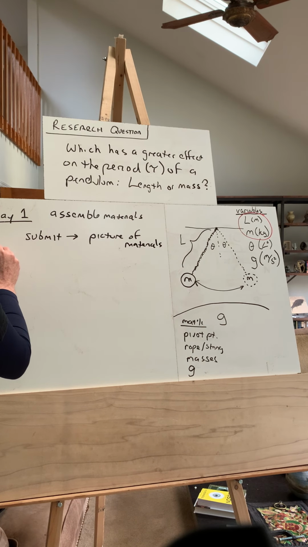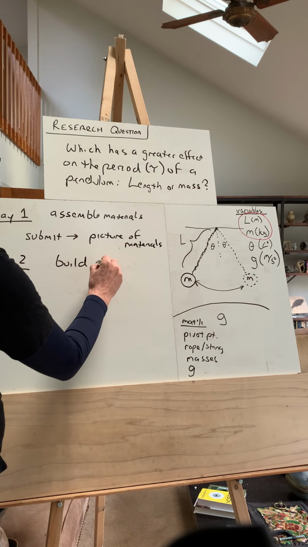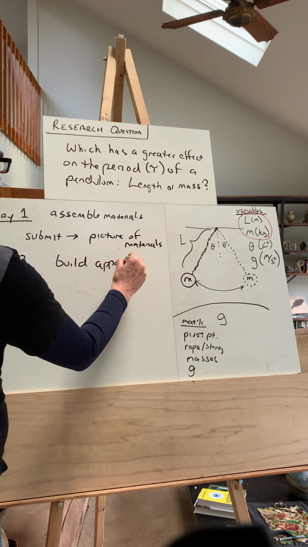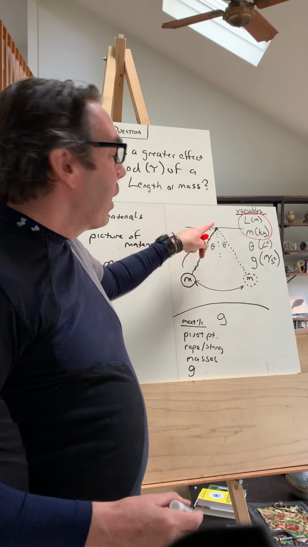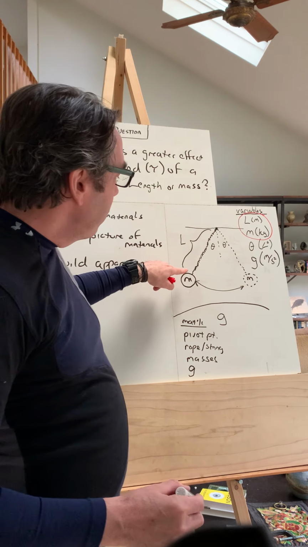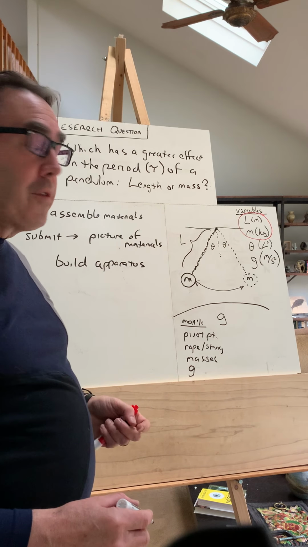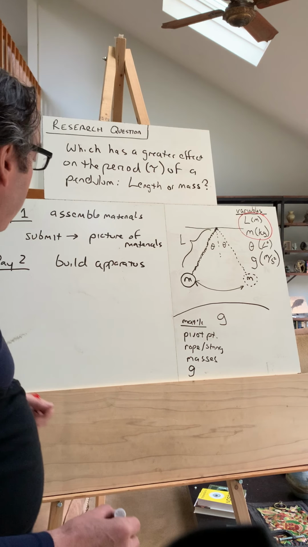Day 2, you're going to build your pendulum. So you're going to take these materials, you're going to have to find a good fixed pivot point and your length of twine, string, or chain, and you're going to have to figure out a way to vary the length and the mass and put that together.